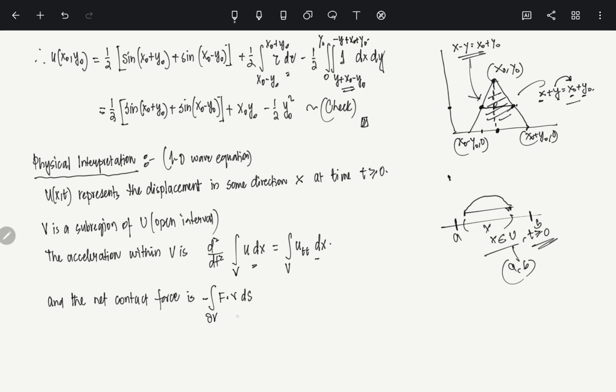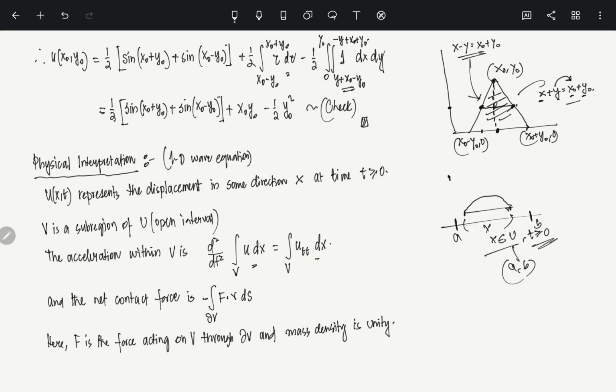Here F is the force acting on V through the boundary del V, and the mass density we will take to be unity.